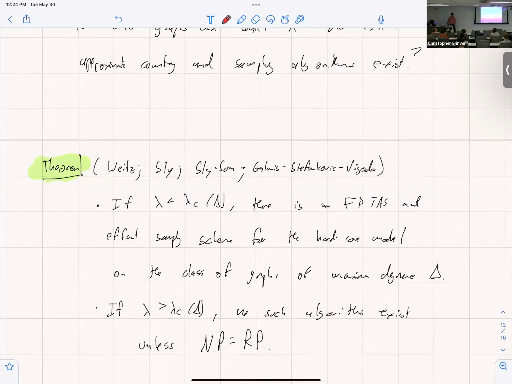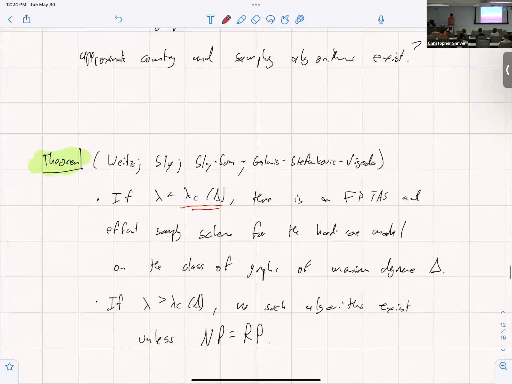But what this theorem says is, now remember lambda critical of delta, this is what we defined before. This is the uniqueness, non-uniqueness phase transition point of the hardcore model on the infinite delta regular tree. Okay, so it's a phase transition in the uniqueness, non-uniqueness sense on one specific infinite graph, the regular tree.